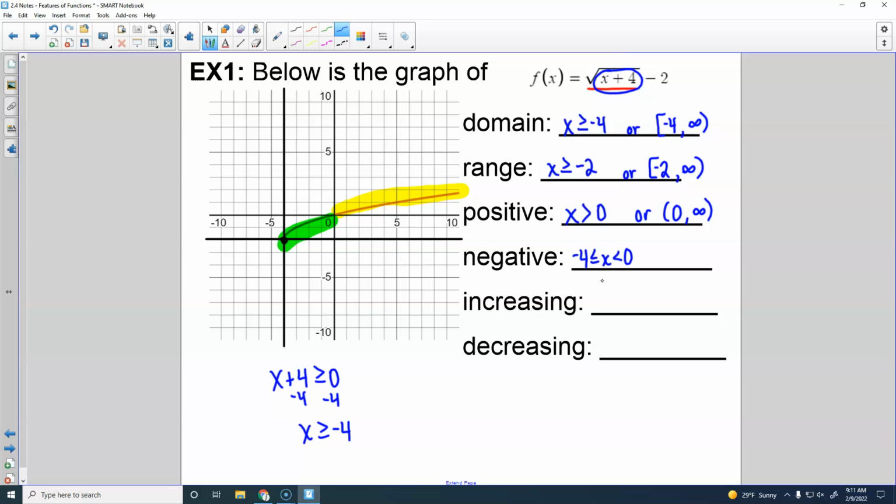I'm including -4 because that is the end point where the graph ends, right? So it has a negative y coordinate, so we include it. I do not include the 0 because at that 0, that's where I cross the x-axis. I'm not positive or negative because y equals 0. So with interval notation, it would look like this: -4, 0, parentheses with that 0.